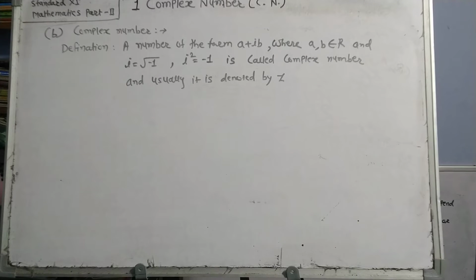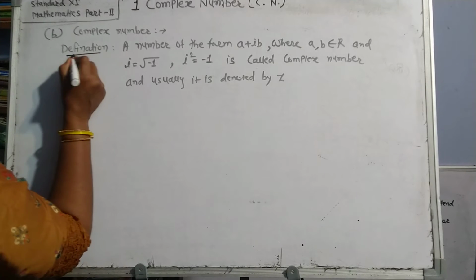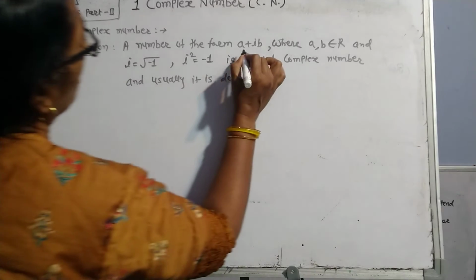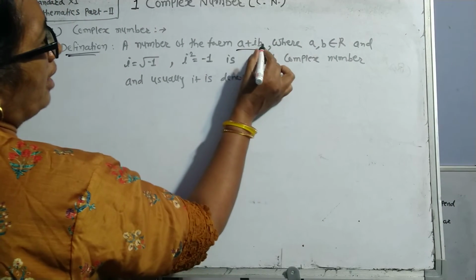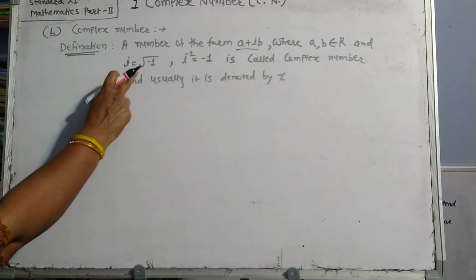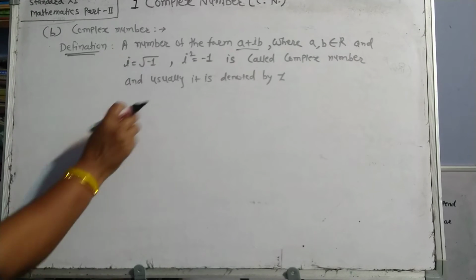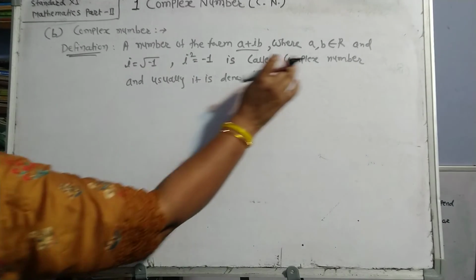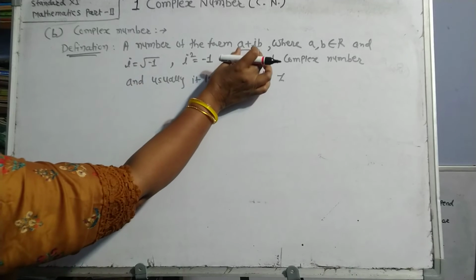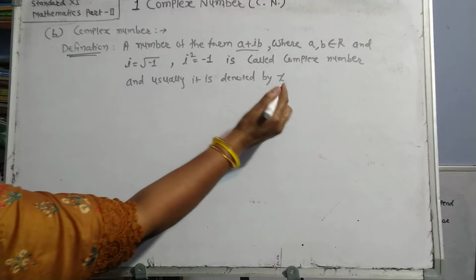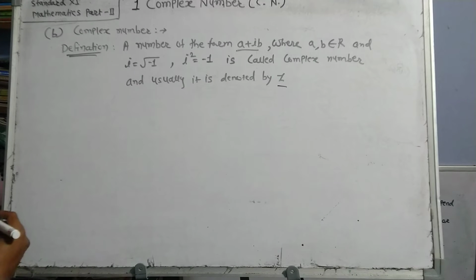Now complex number definition. A number of the form a plus ib, where a and b belong to the set of real numbers and i equal to square root of -1, means i square equal to -1, is called a complex number. This form of number is called complex number, and usually it is denoted by z.